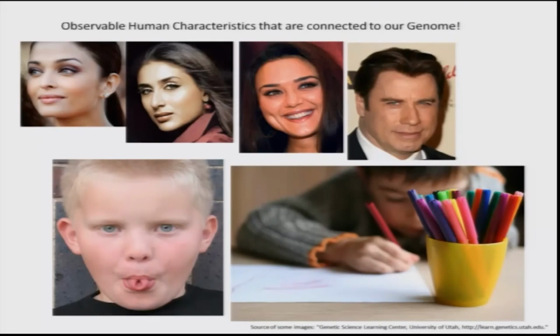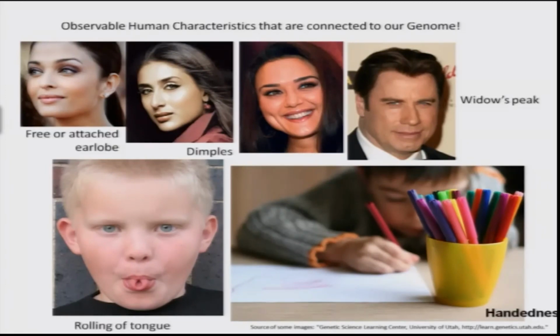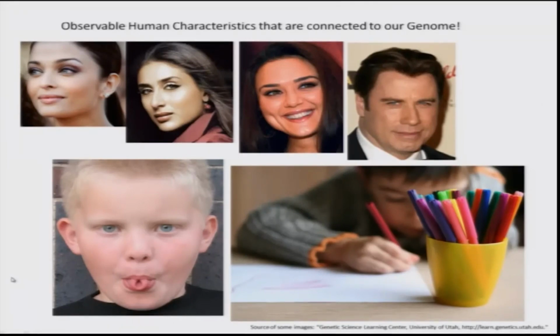For example, the earlobe, how it is attached, whether it's free or attached, is one such phenotype that is known to be regulated by genes. These are some of the examples shown here. You look around, you see several variants of the phenotype.